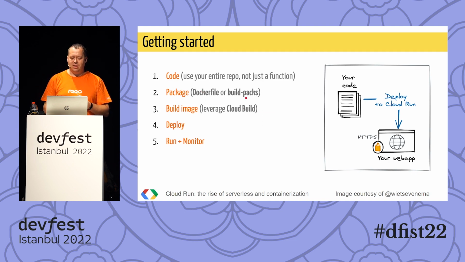This is a second technique, I won't go deep into this. You can build the image, or you can leverage Cloud Build. Cloud Build is a service in Google that gets your code, creates a container, creates the image, and puts it to the destination you set, I mean Cloud Run, and there are different ways of that. That's called deploy, and then we can run and monitor.